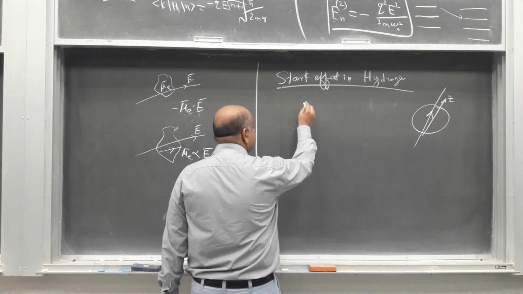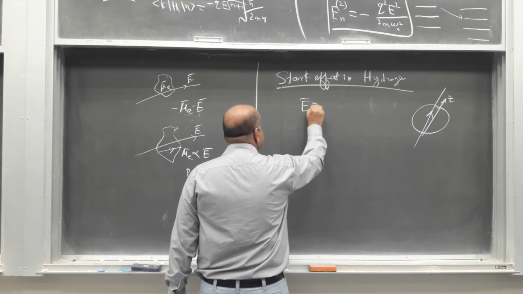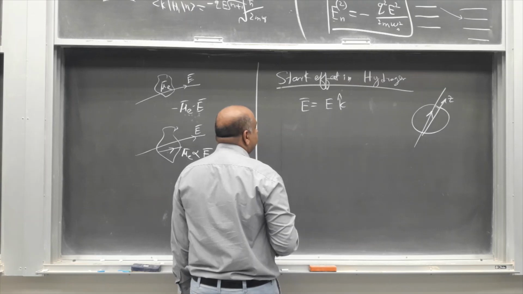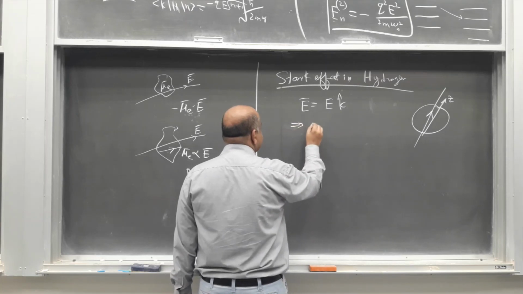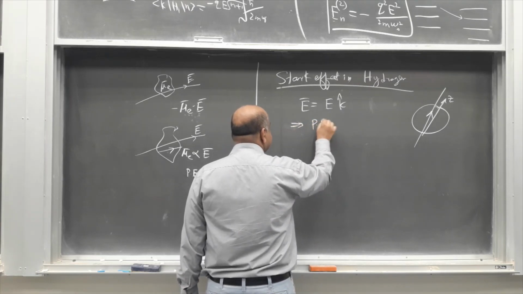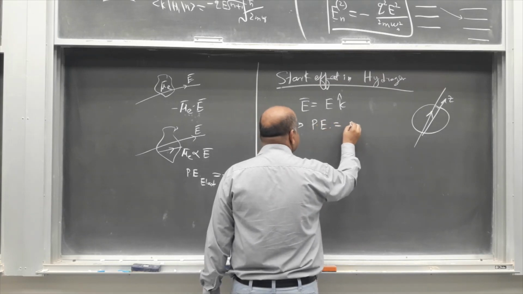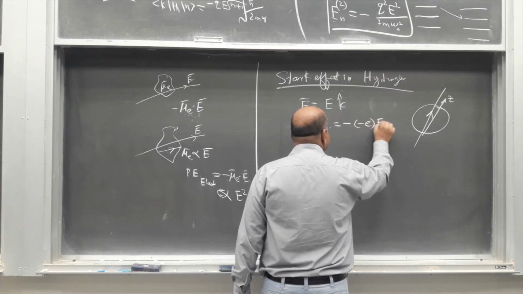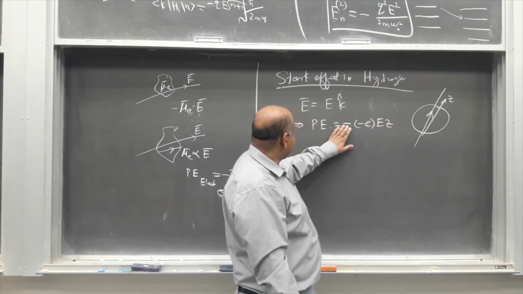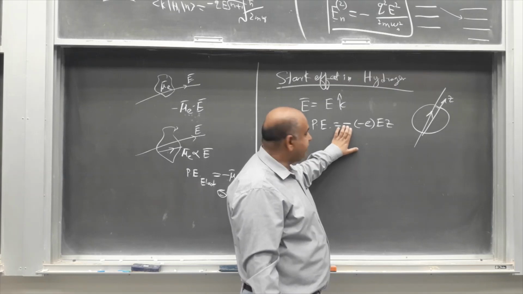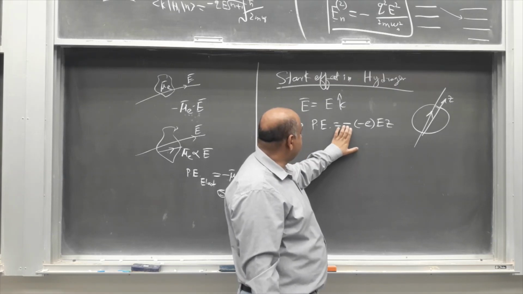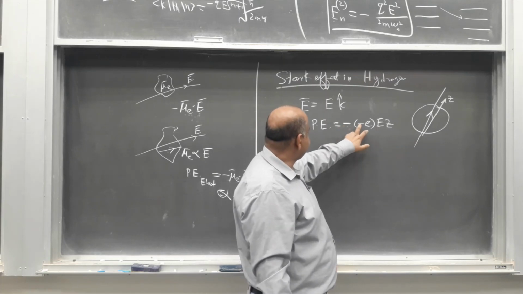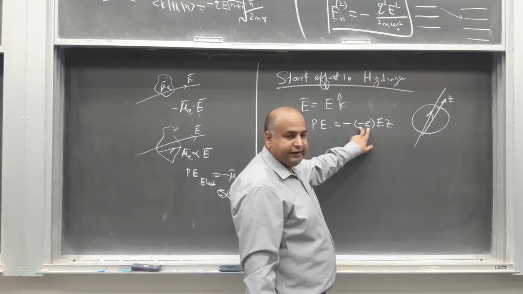So our external electric field is pointing along the z-axis, which means that our electric potential energy is minus eEz. This minus is because of the definition of potential energy: force is minus gradient of the potential energy, and this minus is because the charge on the electron is negative e.